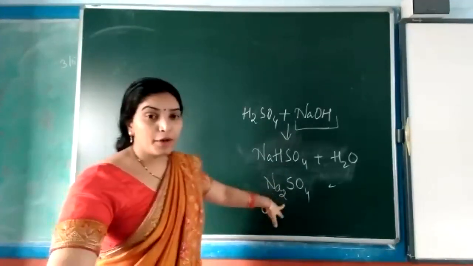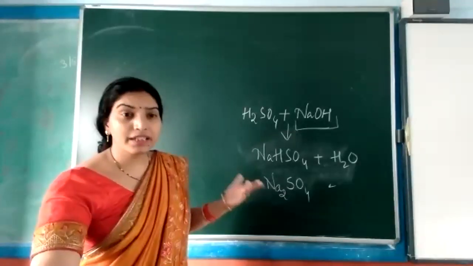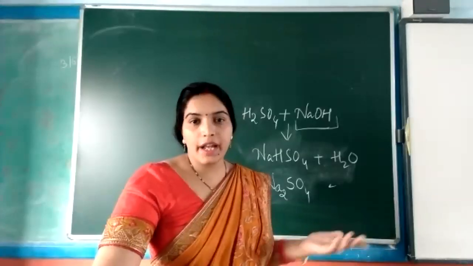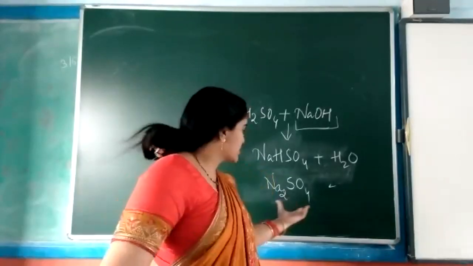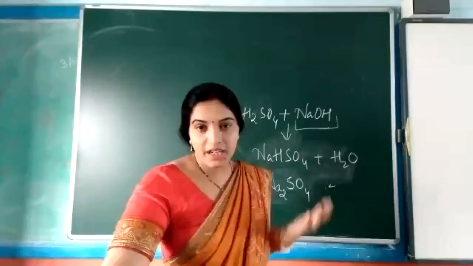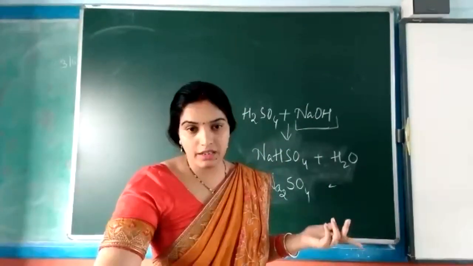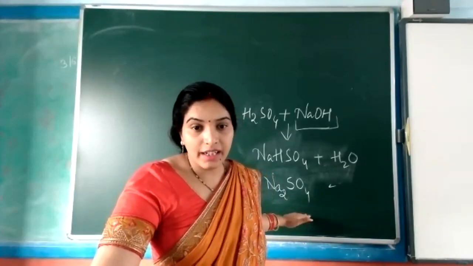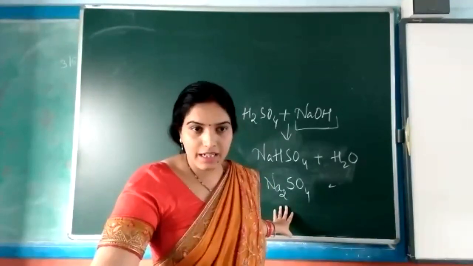But what about Na2SO4? It does not contain any hydrogen ion. So definitely no reaction. Clear? When Na2SO4 comes in contact with a base, there is no reaction. The reason is it does not contain any hydrogen ion in it.